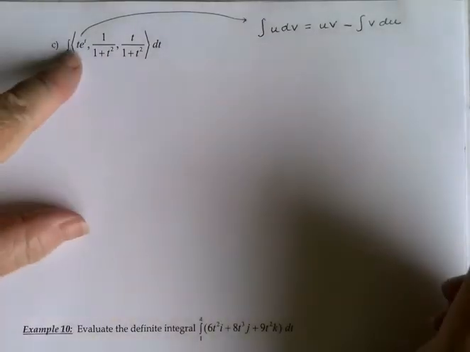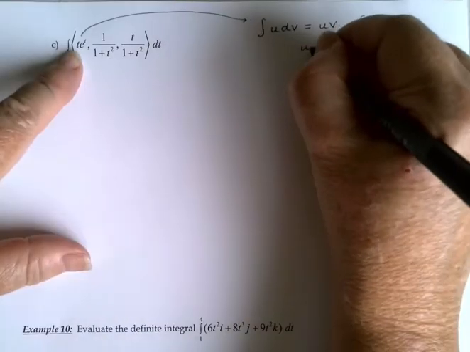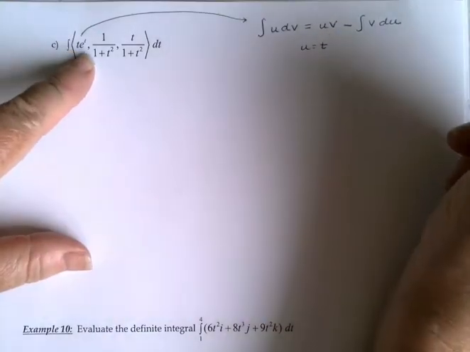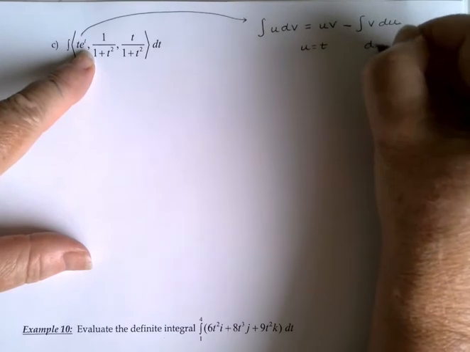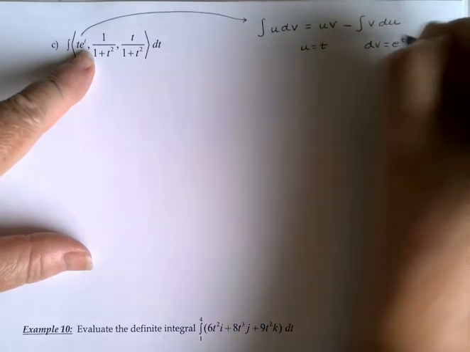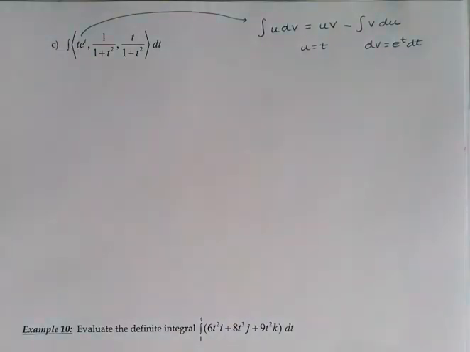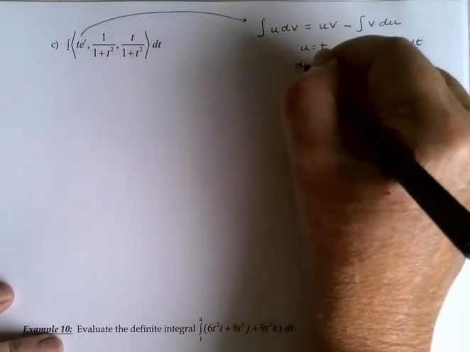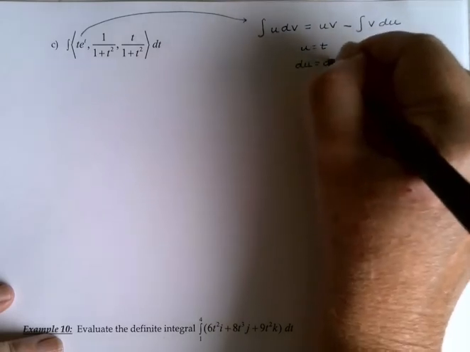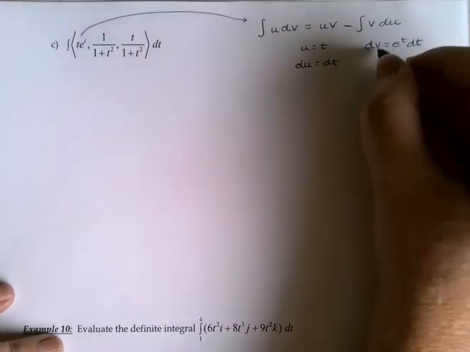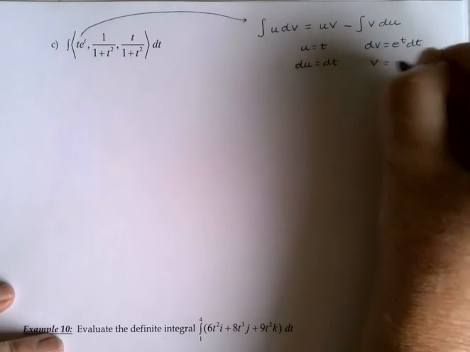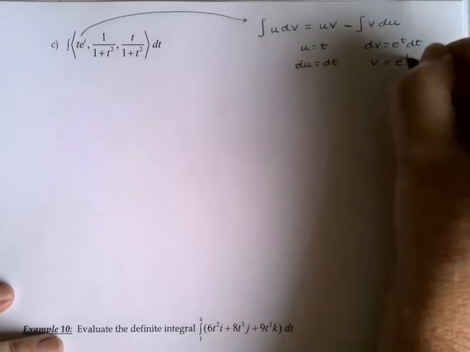In this case, I'm going to let u be t, and I'm going to let dv be the e to the t dt. du then is just 1 dt, and if I integrate both sides here, the integral of e to the t is still e to the t.